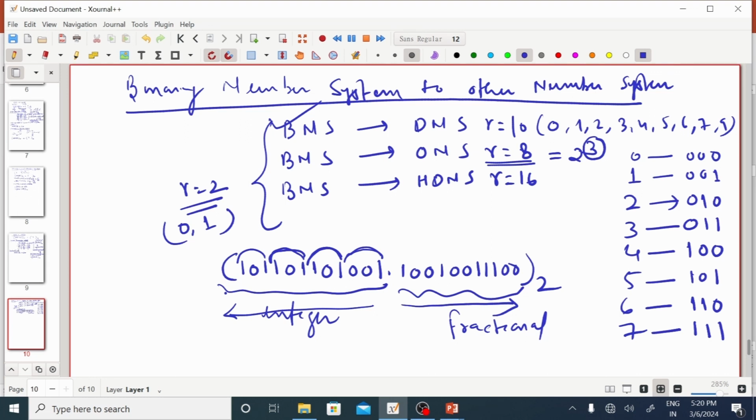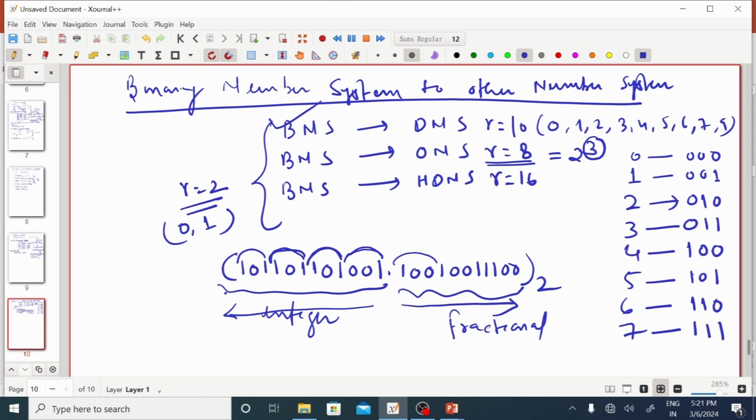So there is no change in the integer portion when we add 0 in the first few places. But when we add a 0 at the end, like in the unit place, then there is a change in the number. In the fractional part we start the grouping from left to right.